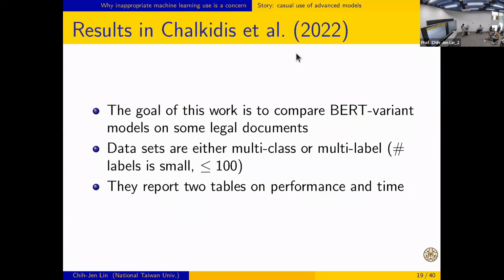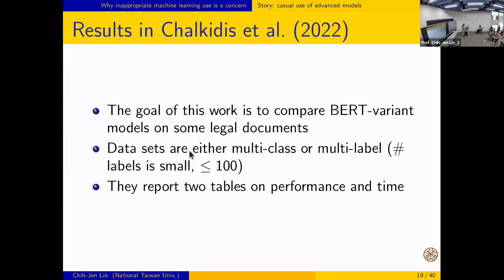So what does this paper do? The goal of this paper is to compare various BERT models on some legal documents. So this is about document classification. After BERT, people proposed some variants, or more advanced versions. So their goal is to compare those different models.